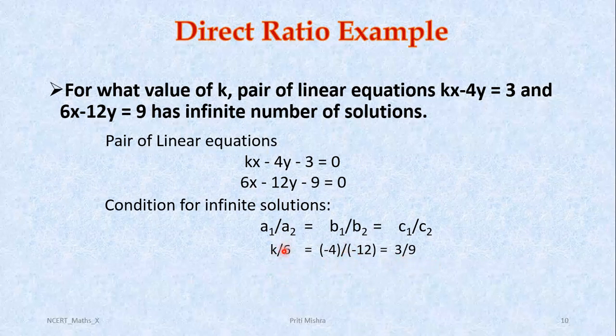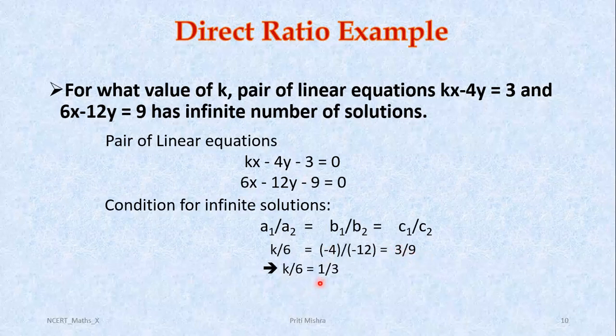Now we can take K upon 6 equal to the second ratio, or we can write K upon 6 equal to the third ratio. We will get the value of K. So K upon 6 is equal to 1 by 3. After simplification, this will be 1 by 3 and this will also be 1 by 3.